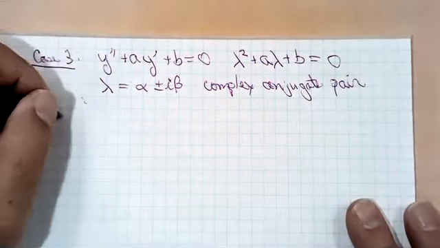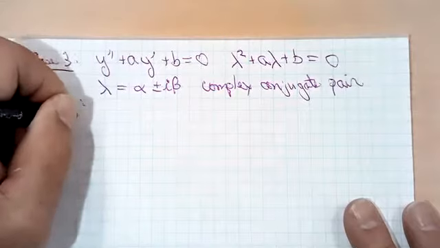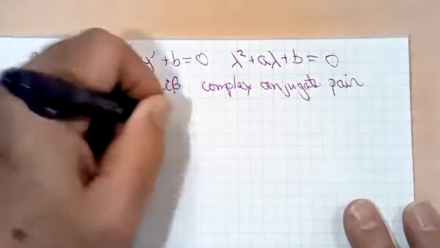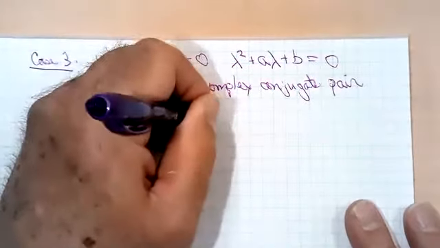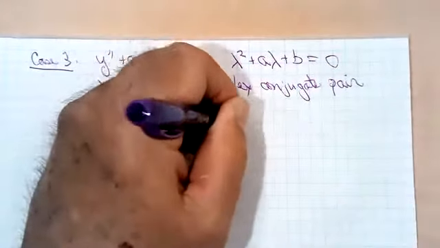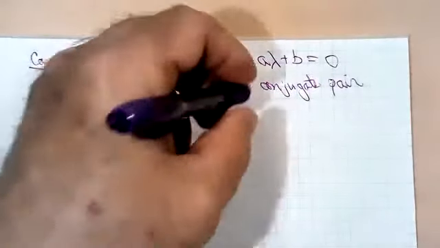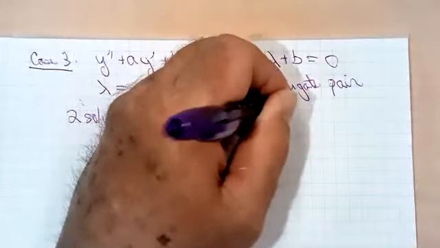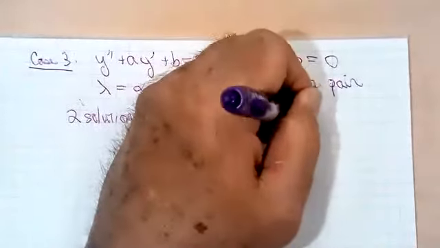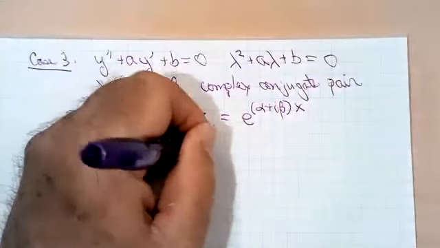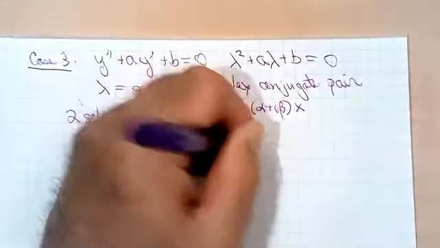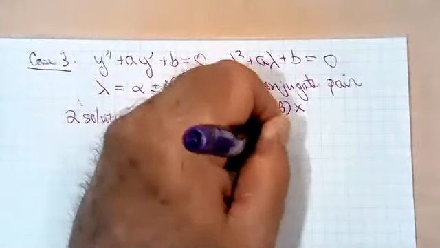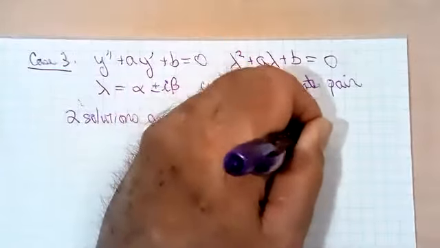If two solutions can be found immediately, I'm going to call these Z. Z1 equals e to the alpha plus i beta x, and Z2 is e to the alpha minus i beta x.